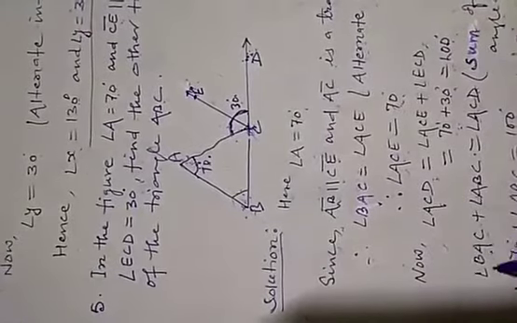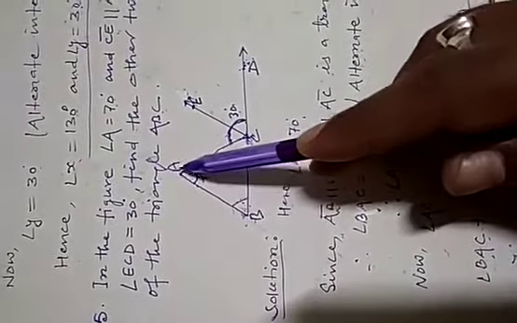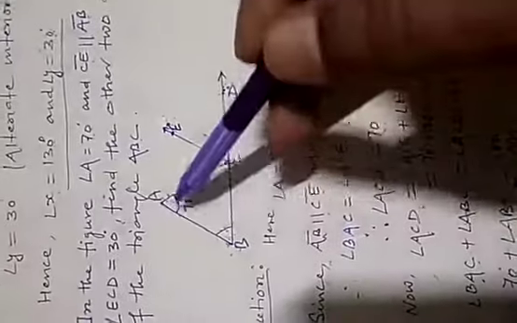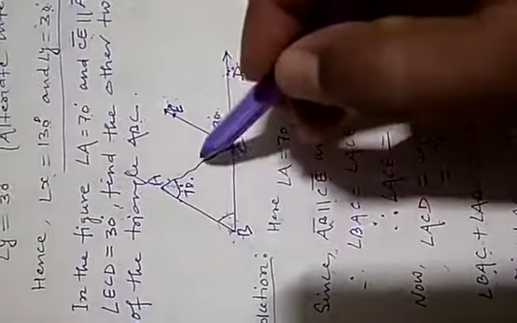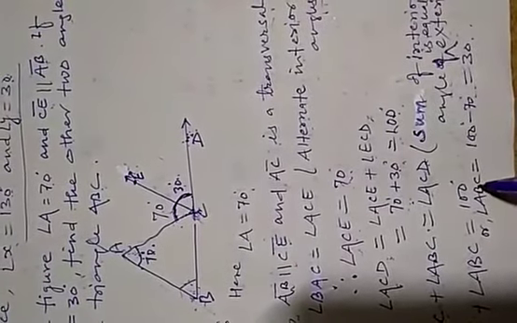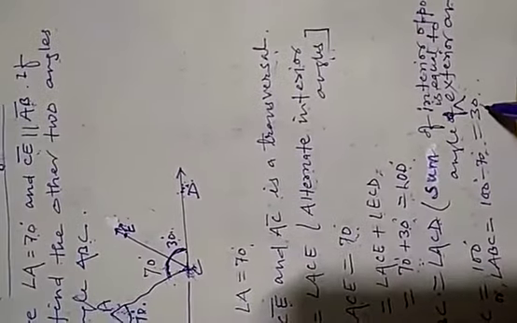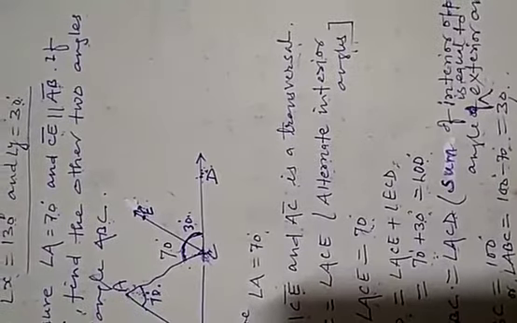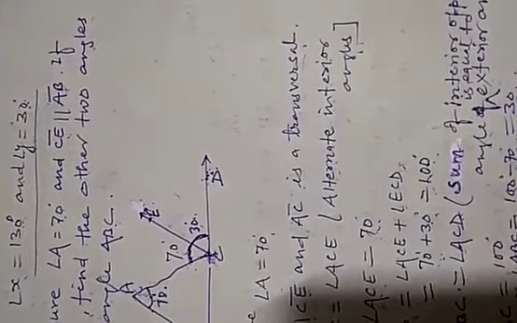Therefore, BAC is equal 70 degree and ACD is equal 100 degree. Therefore, angle ABC is equal 100 degree minus 70 degree is equal 30 degree.